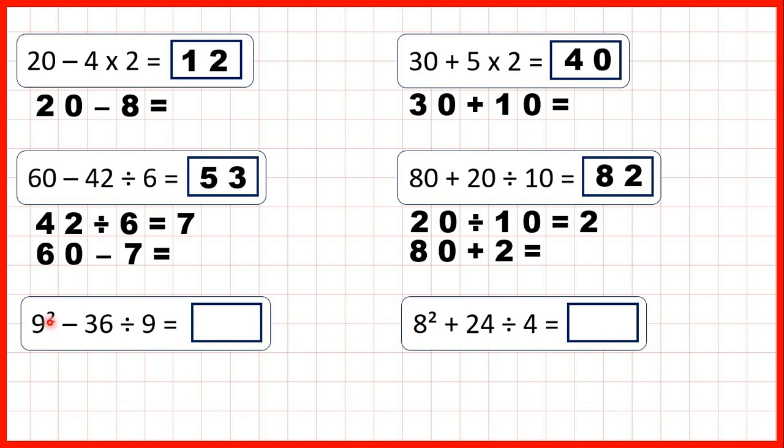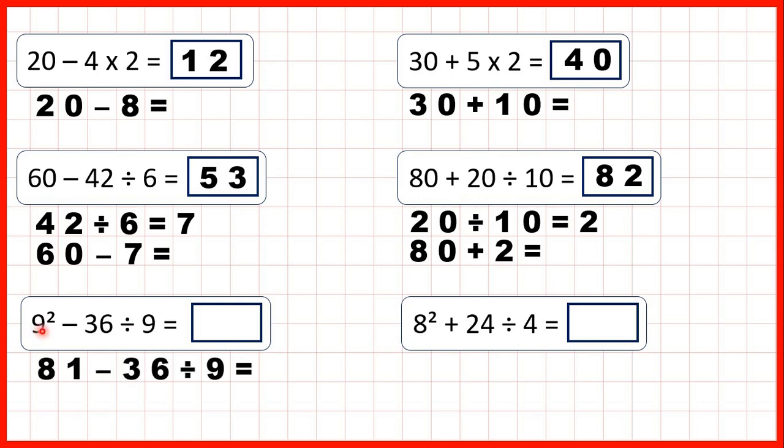Now we have 9 squared minus 36 divided by 9. So here we have a squared symbol, and if we have a squared symbol or a cubed symbol, we always do that even before we do any other division or multiplication. Now remember, this squared symbol means multiply the number by itself, and 9 times 9 is 81.